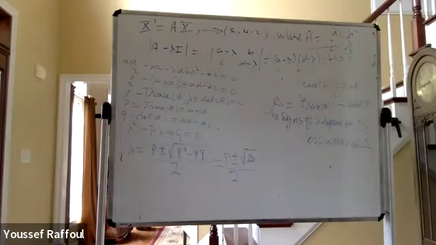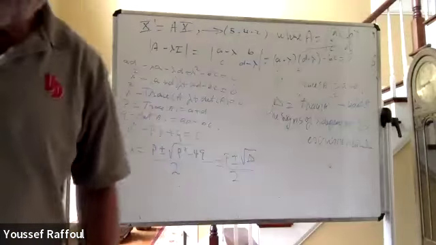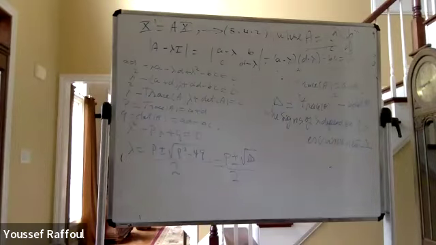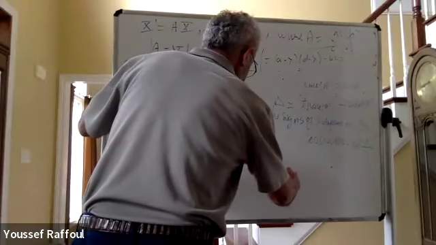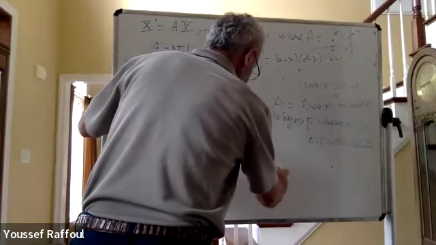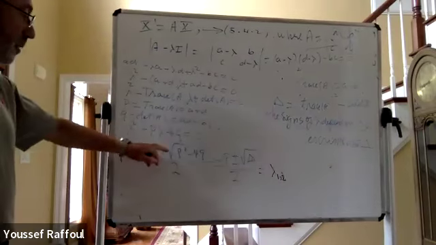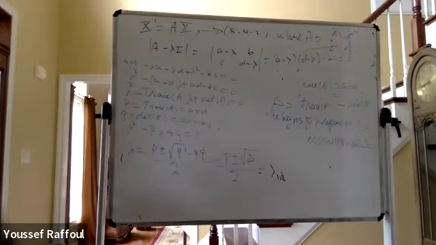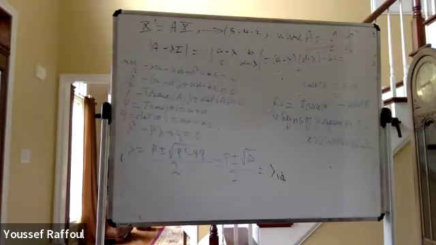Okay, so now we're gonna discuss several cases of this. So let's say these are lambda 1, 2. Let's say lambda 1 is p plus, lambda 2 is p minus. All right? I will be flipping the board, so just make sure you finish.